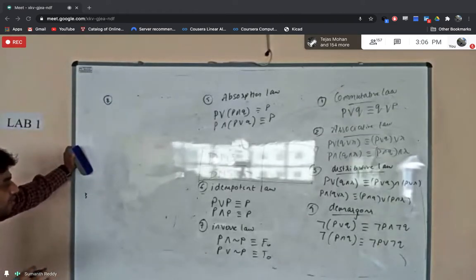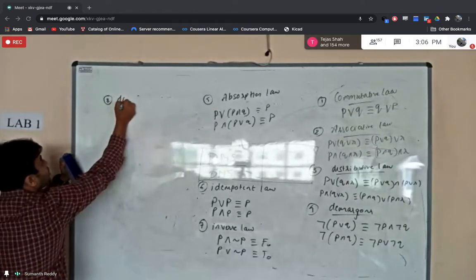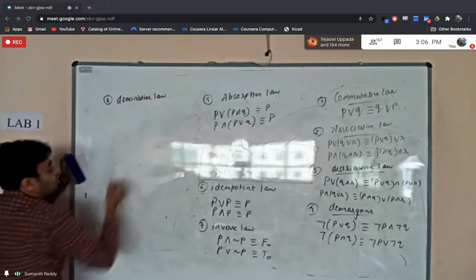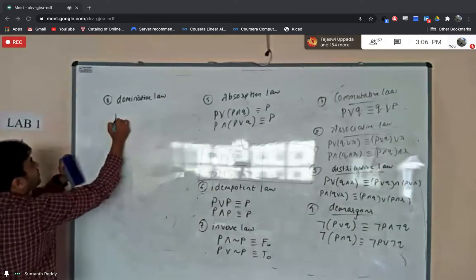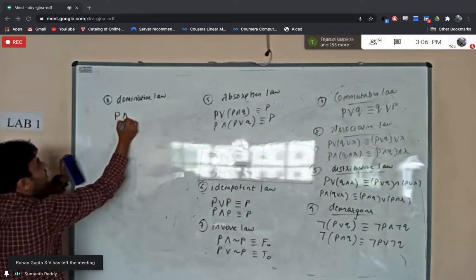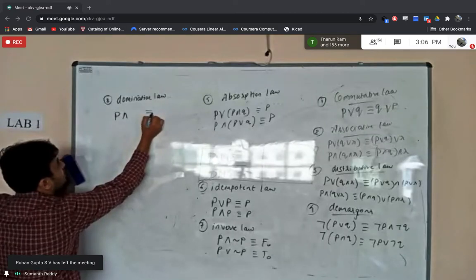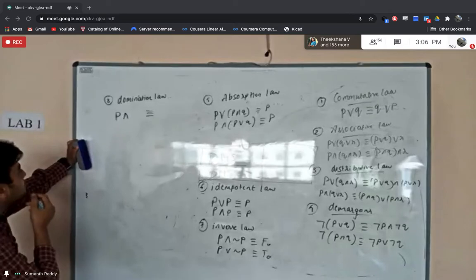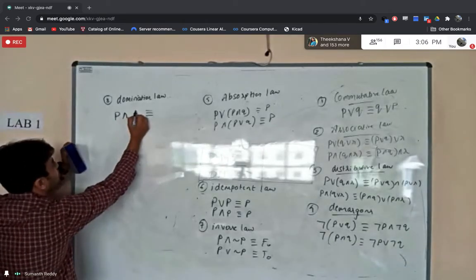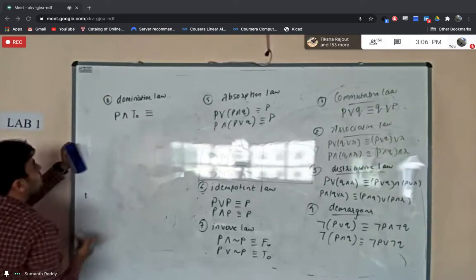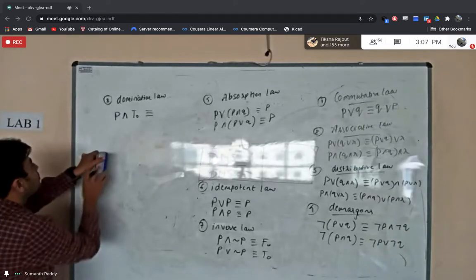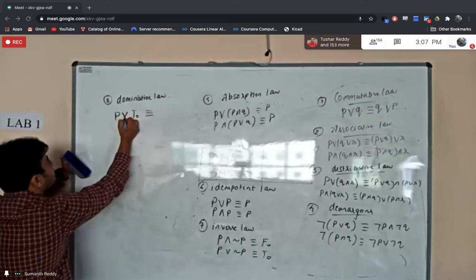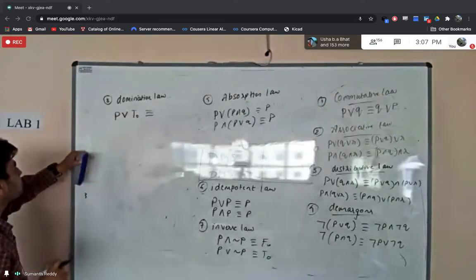So we have the idempotent law and the inverse law. Similarly, we have one more important law called the domination law. This is very important. The domination law states that if I have a proposition and perform an operation with something, we get the dominating value. Suppose I perform the disjunction with tautology, what will I get?